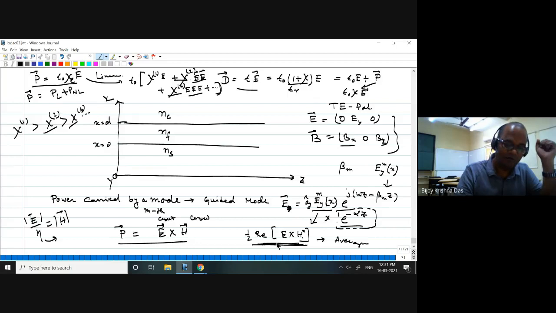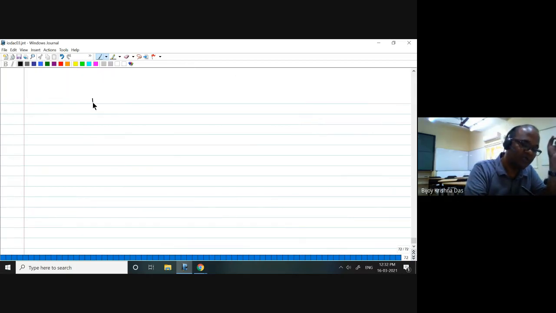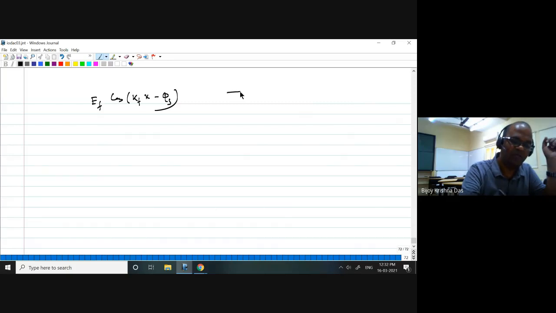Correct, right? Now, my question is that I have these components, and suppose I know this EY(x), for example, something like the maximum EF, something cos(kappa_F x minus phi_A), an x-dependent thing. If you consider the fundamental mode, you have the maximum maybe in the middle, and then you have exponential decay.